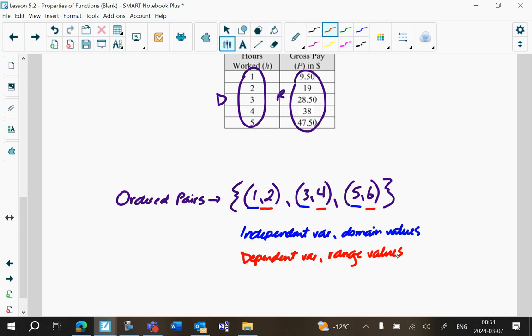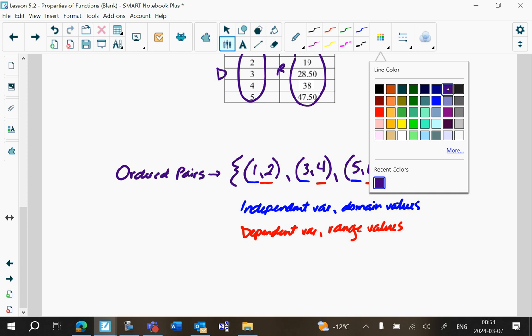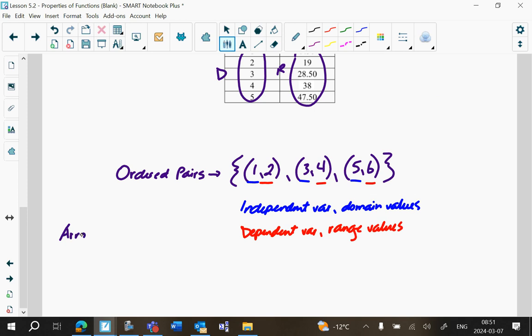We've already seen a table up here. First column represents the independent variable and all the domain values. Second column represents the dependent variable and all the range values. If we have an arrow diagram, so I'll just do the same ones, 1, 3, 5, 2, 4, 6.